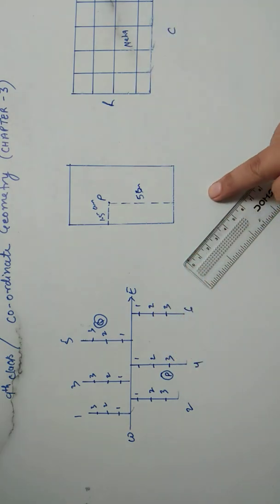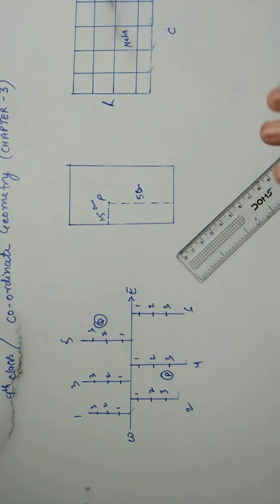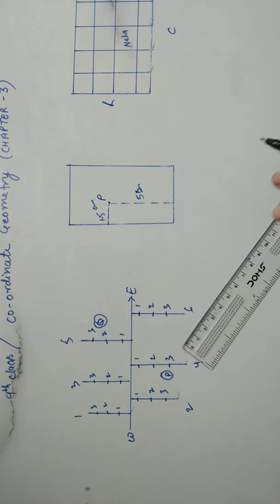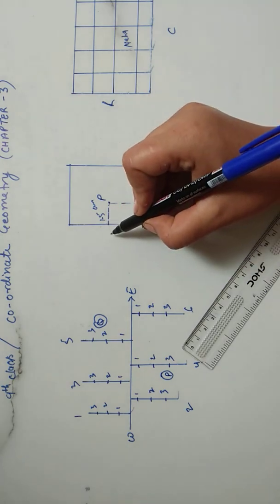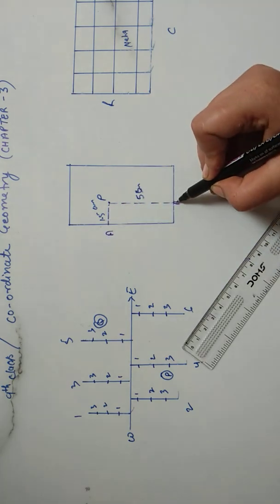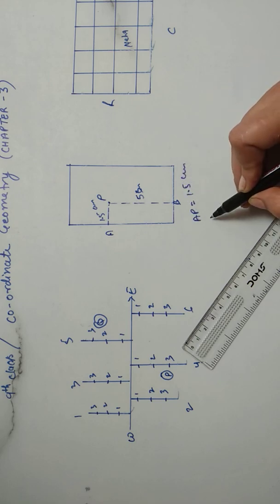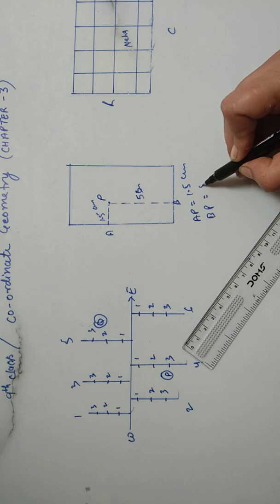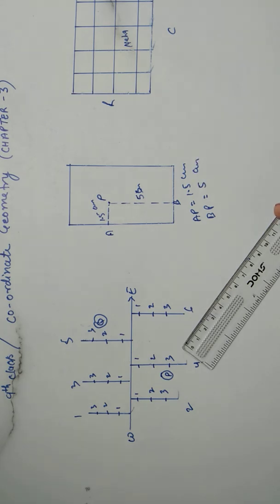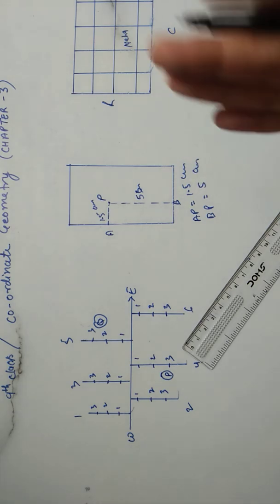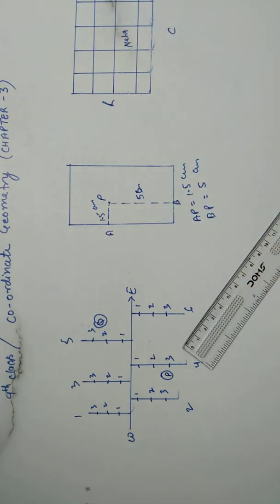If I give the names A and B, then AP is 1.5 centimeters and BP is 5 centimeters. So P is located 1.5 centimeters from point A, that is from the left, and from the bottom it is located 5 centimeters above.